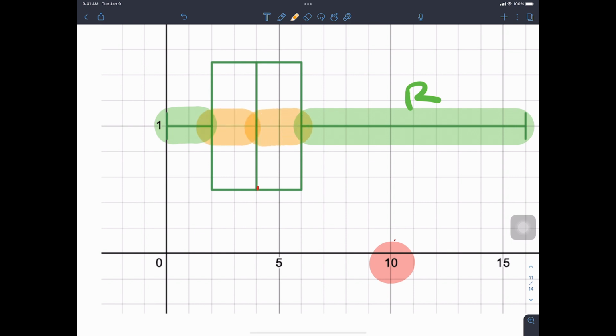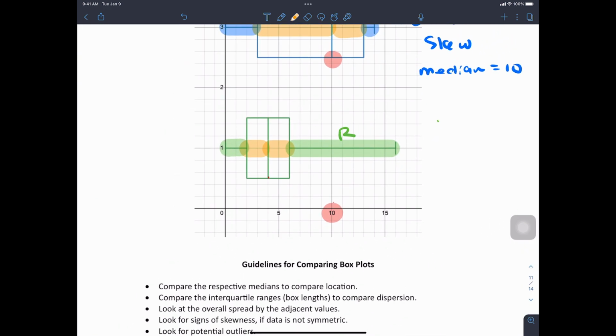This distance and this distance look to me to be kind of equal, so I would say there it's kind of inconclusive. But since the right whisker's longer, what can we say? The distribution is what?